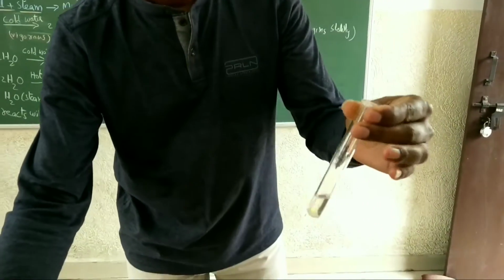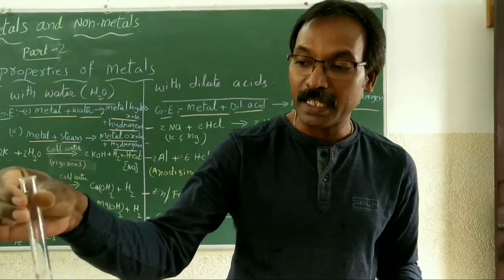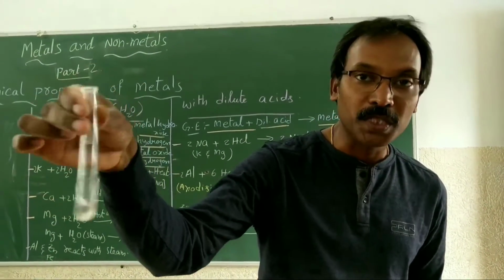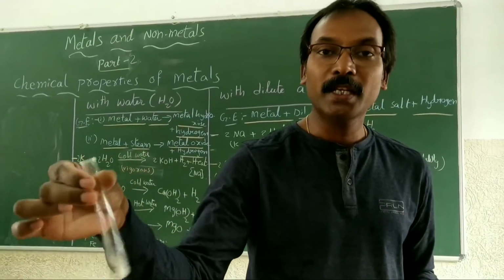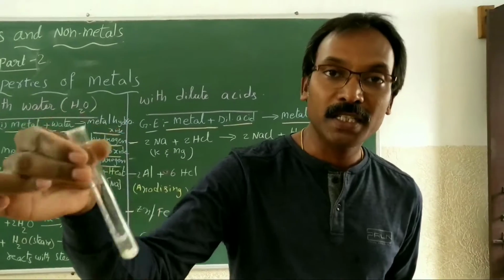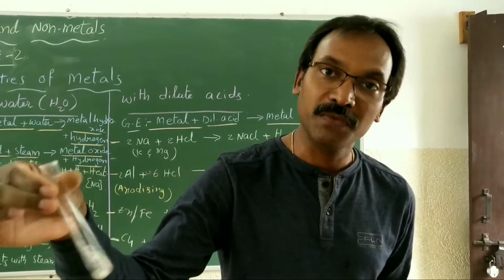Magnesium oxide generally does not dissolve in the water easily; it takes some time. We will see whether the solution shows acidic nature or basic nature, and whether it changes the litmus paper from red to blue or blue to red.